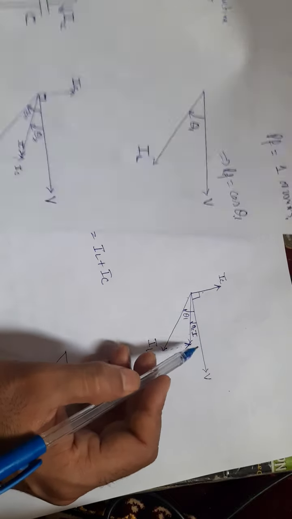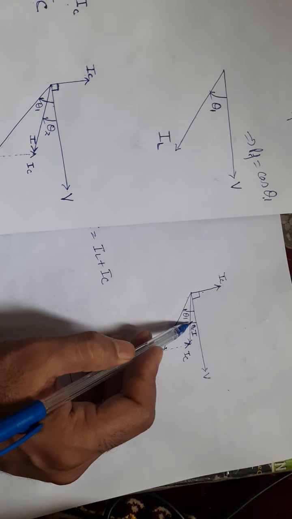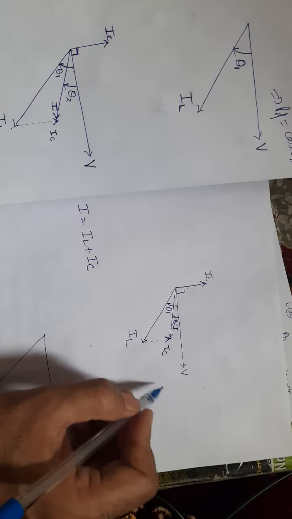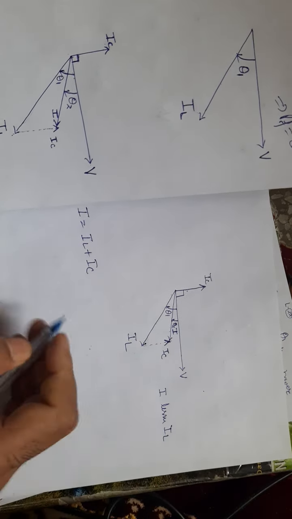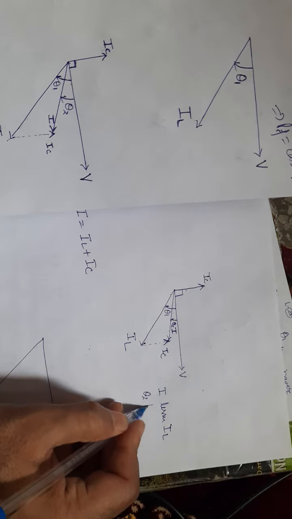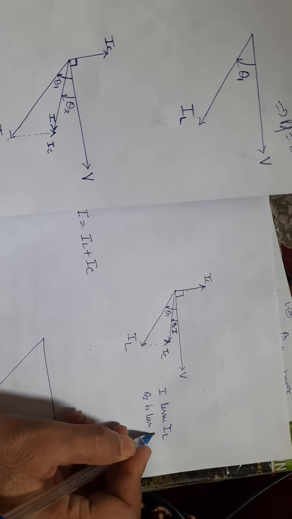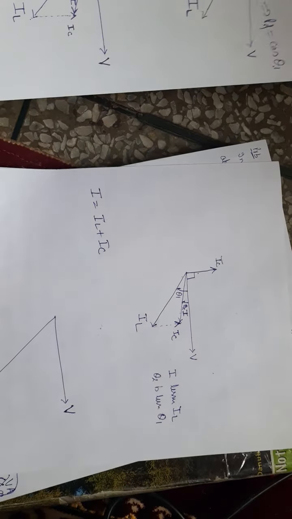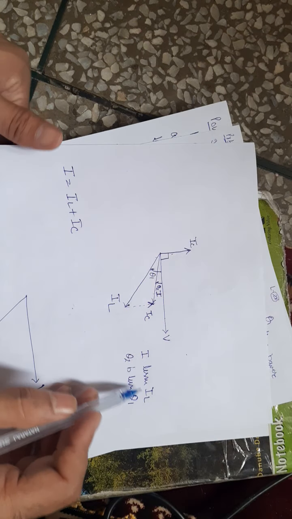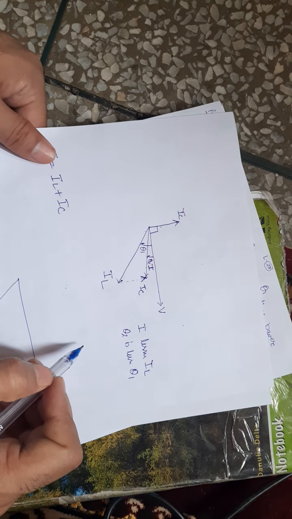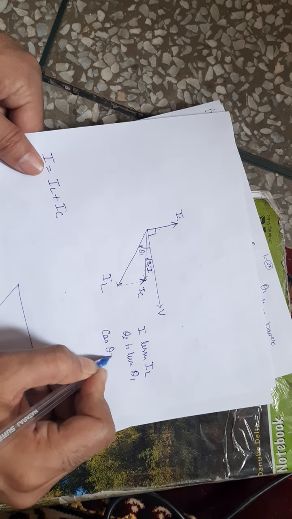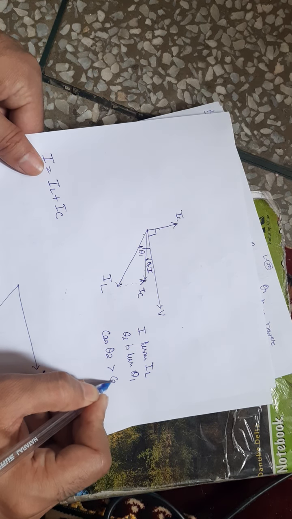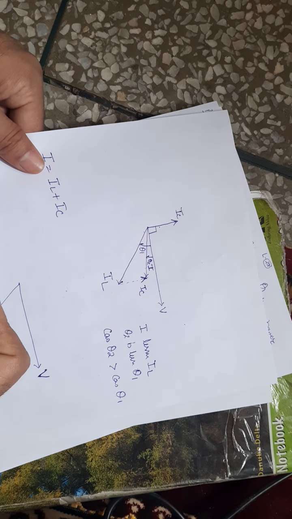What is the phase difference between V and I? Theta 2. Now you can see that I is lesser than IL and theta 2 is lesser than theta 1. So I can say cos theta 2 is greater than cos theta 1.